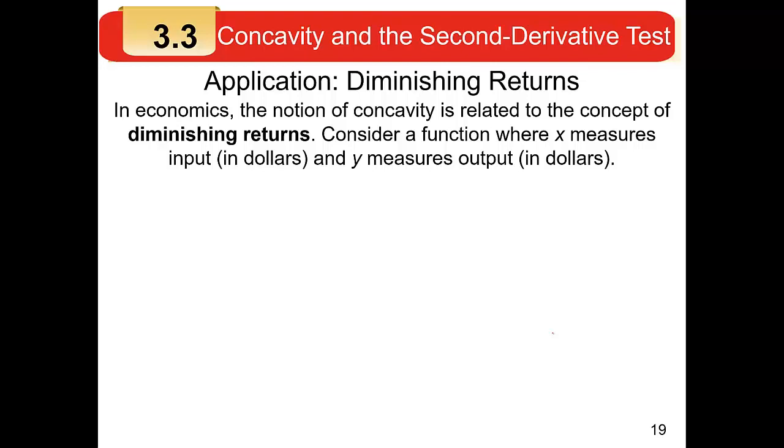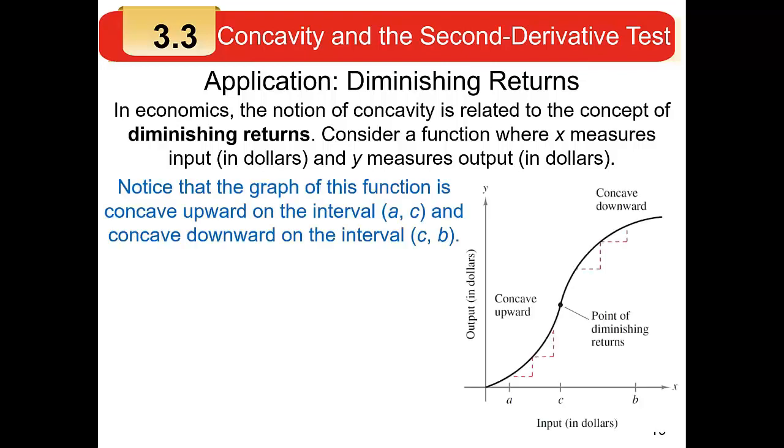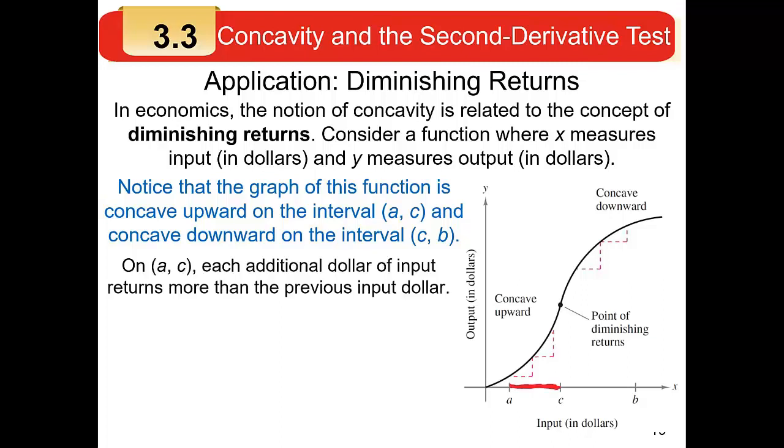If we think of a function where x measures some input in dollars and y measures some output in dollars, if you draw a graph of that function, if you see this type of behavior where you have concavity upward to the left of a point and then concavity downward to the right of a point, in other words, you have an inflection point where the concavity is up on the left of it and down on the right, that's an indication of a problem that will have an answer in terms of diminishing returns.